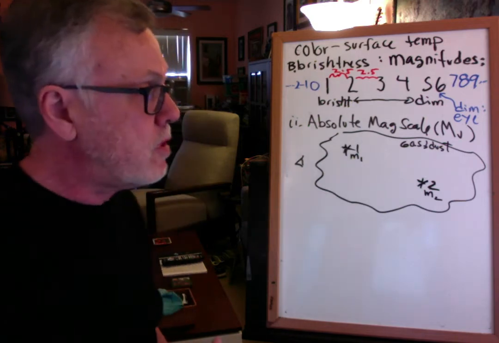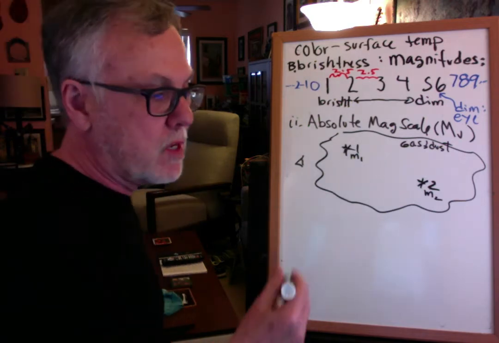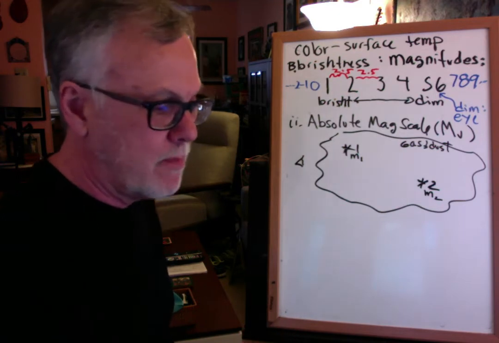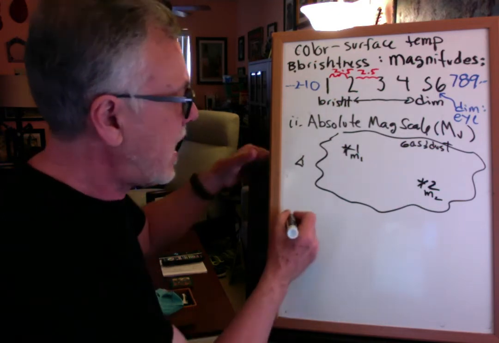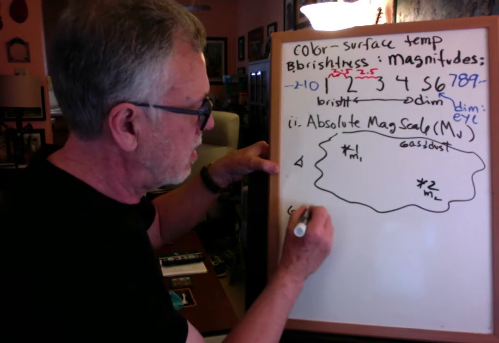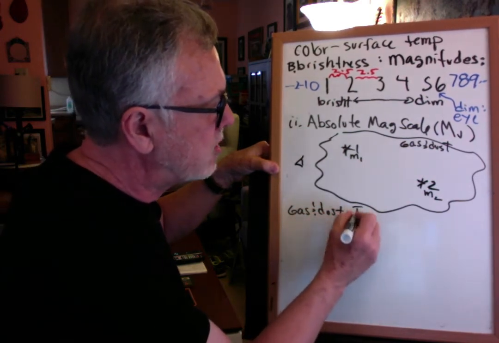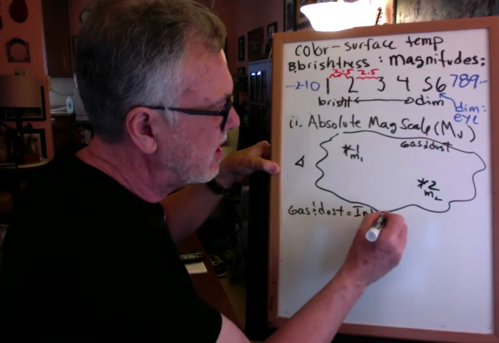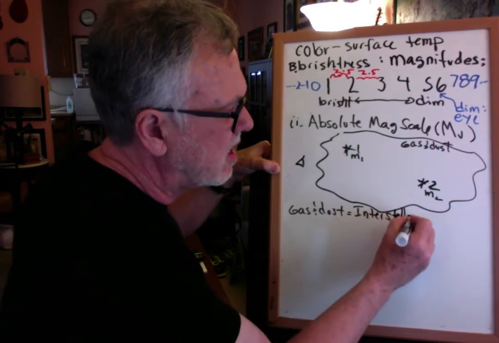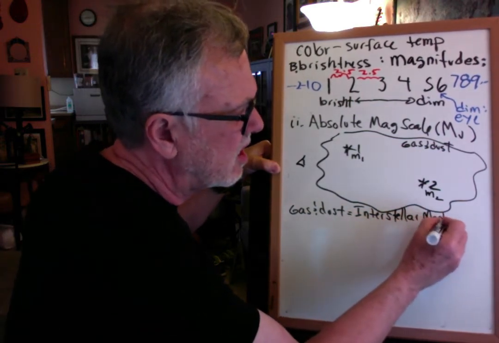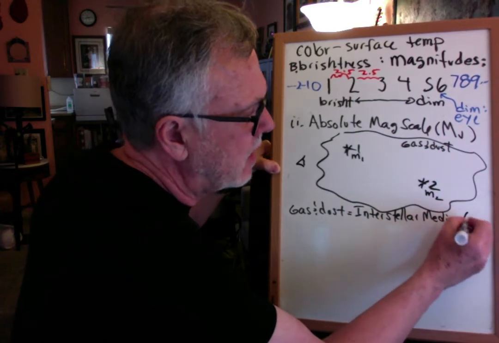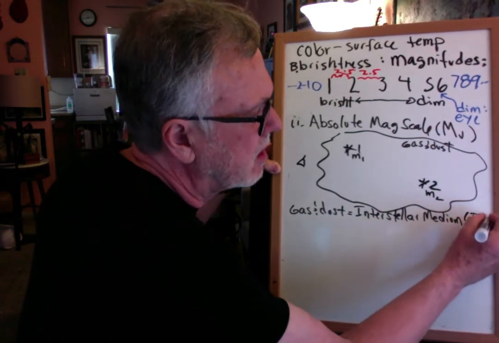But we want to get rid of the effects of gas and dust. So the first thing that we do is, let's say we get rid of the gas and dust. And so the gas and dust has a name. It's known as the interstellar medium. Very important. And we'll talk more about that later. That's called the ISM.